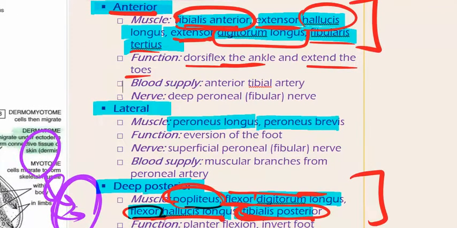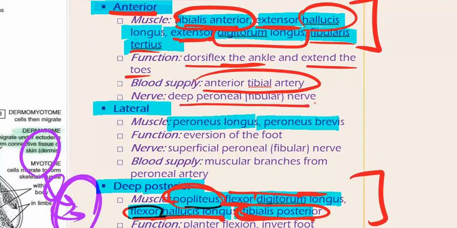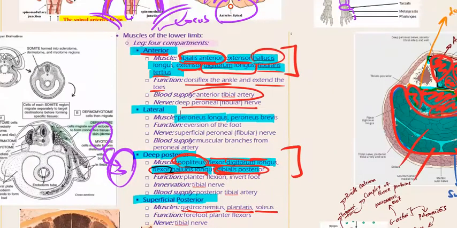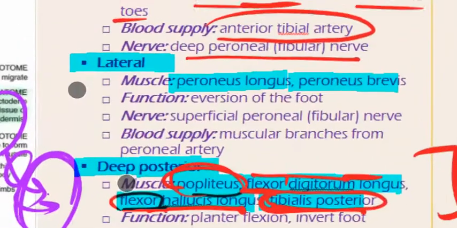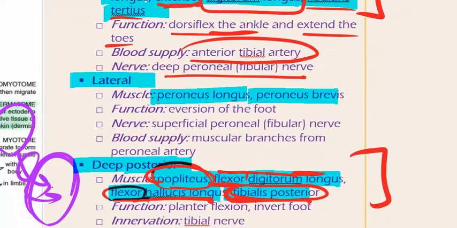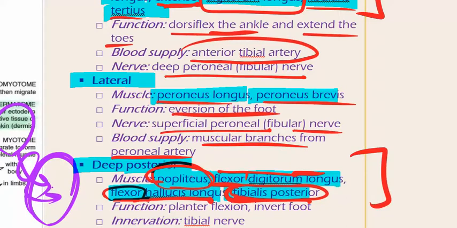The blood vessel is the anterior tibial artery, and the nerve is the deep peroneal nerve. The lateral compartment is very simple: peroneus longus and peroneus brevis, everting the foot, with the superficial peroneal nerve, and the blood supply is the muscular branches of the peroneal artery.